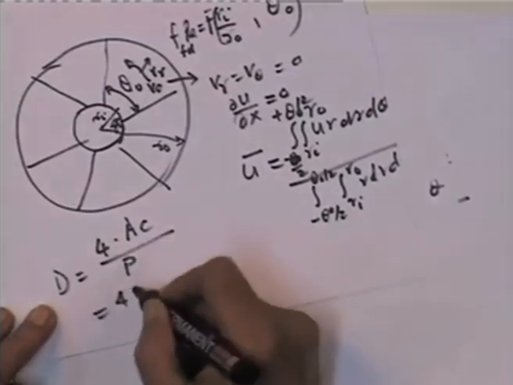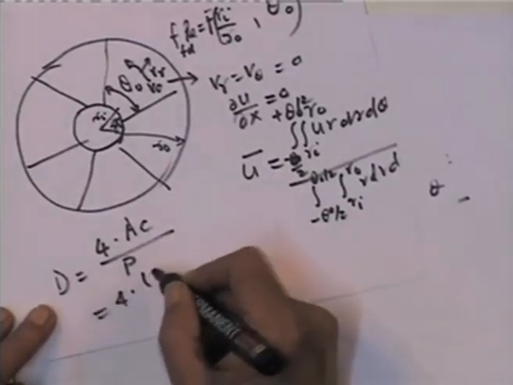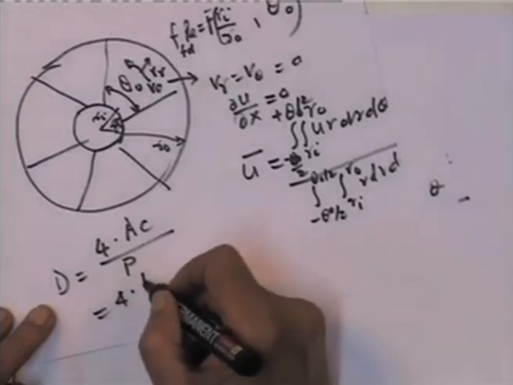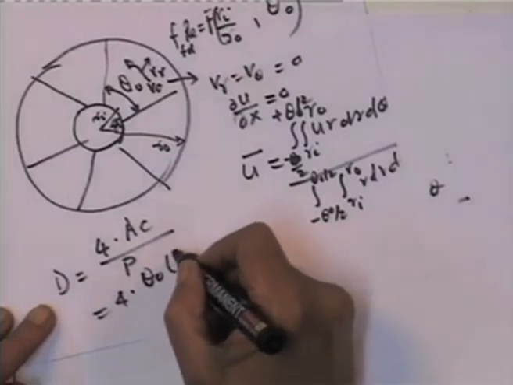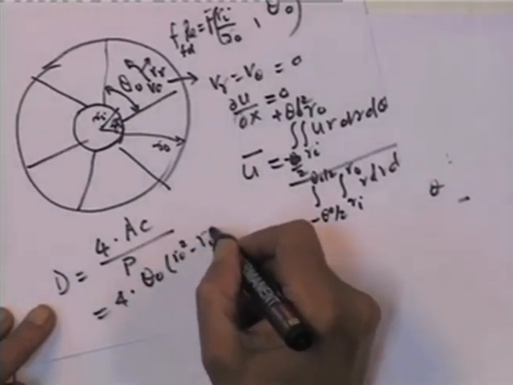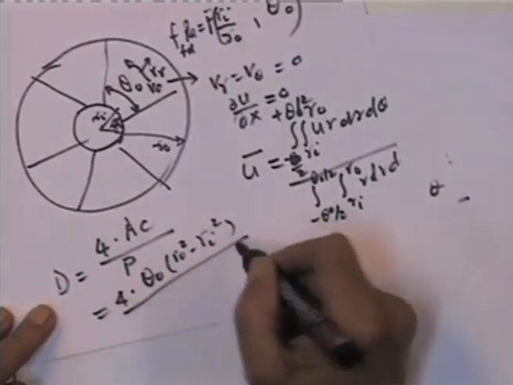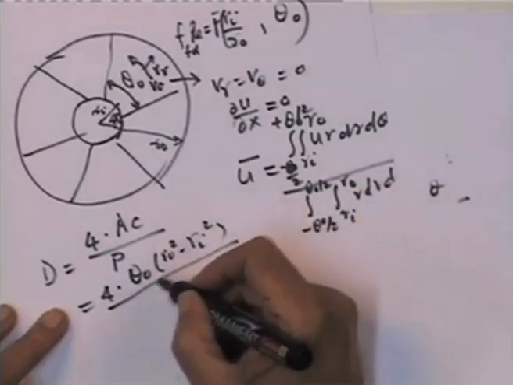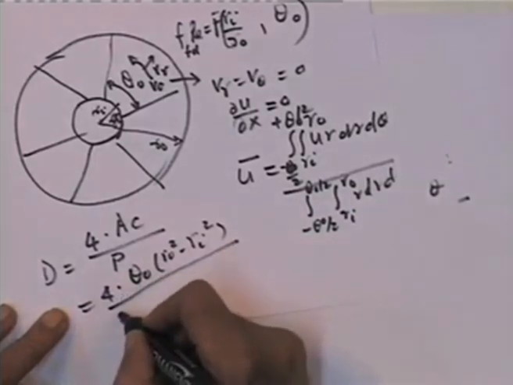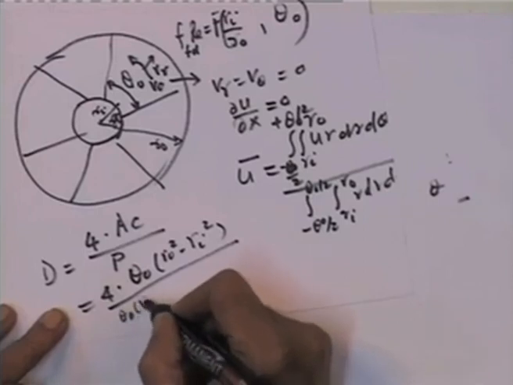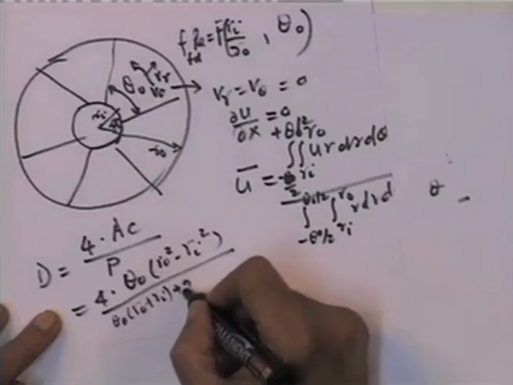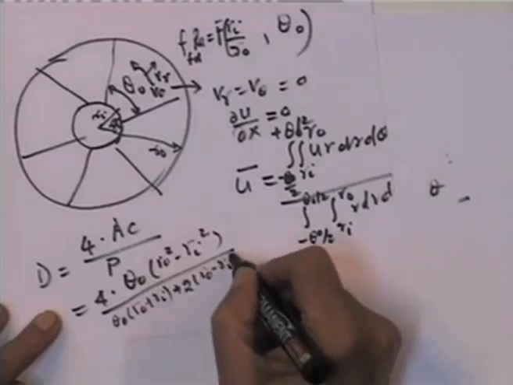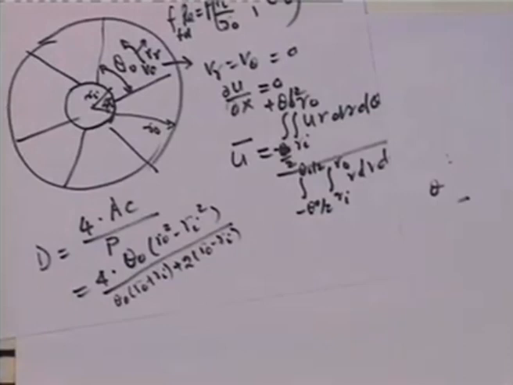So, 4 times theta naught into Ro square minus Ri square, divided by theta naught into Ro plus Ri, plus 2 times Ro minus Ri. That is what it is all about.